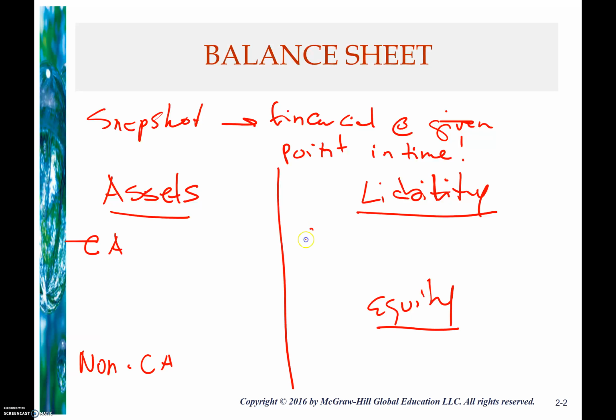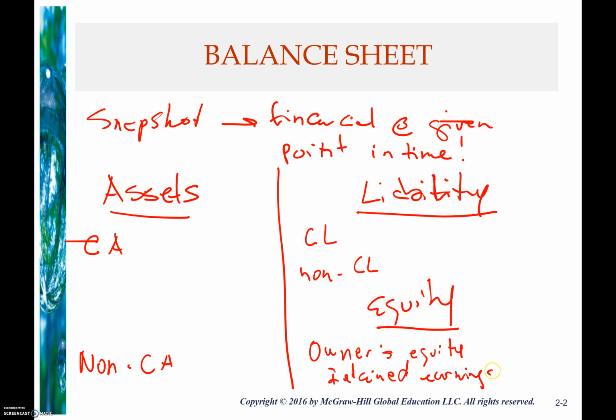And on your liabilities, you have your current liabilities and your non-current liabilities. And in equities, you have your owner's equity. You have your retained earnings. And then if the company issues any stocks, that's where you'll find the stocks issued.